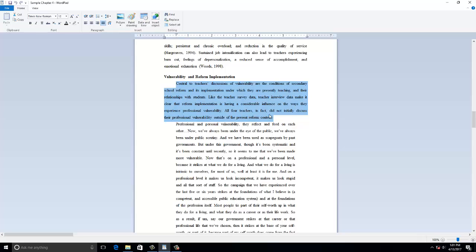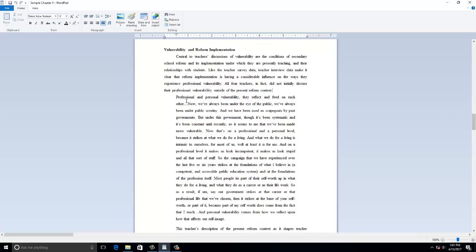All 4 teachers did, in fact, not initially discuss their professional vulnerability outside of the present school reform context. And this entire piece of data right here is my evidence. This is one teacher's actual words verbatim.